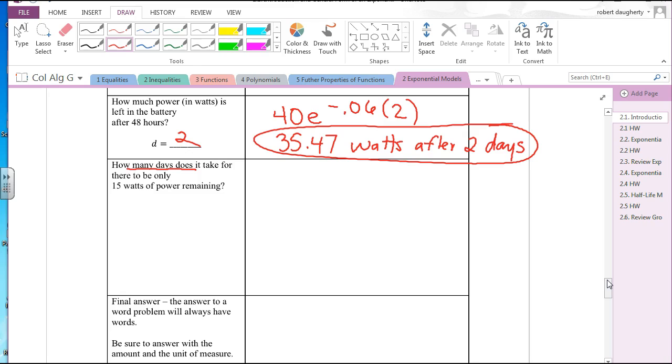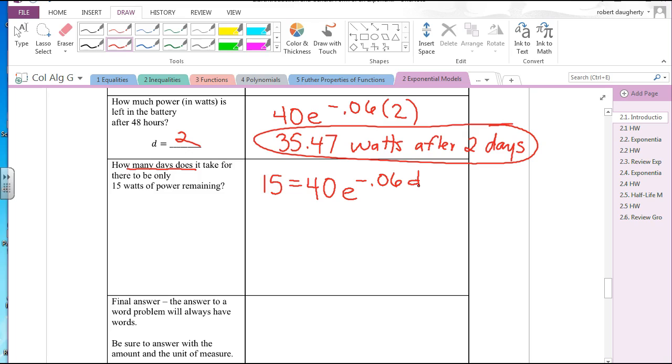So the equation here is 15 equals 40 e to the minus 0.06 D. That's what I'm solving.